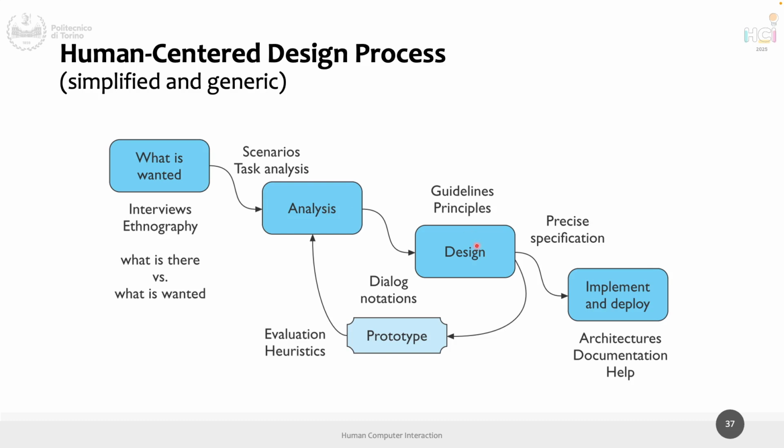Then we design something, we prototype something, we go back to the analysis, we change or refine the design, we prototype something, and through an evaluation we go back and stay in this cycle until time is up, we are satisfied, or we run out of money, whatever happens. Then we go to the final implementation and final deployment of the system, of the product, of the prototype.